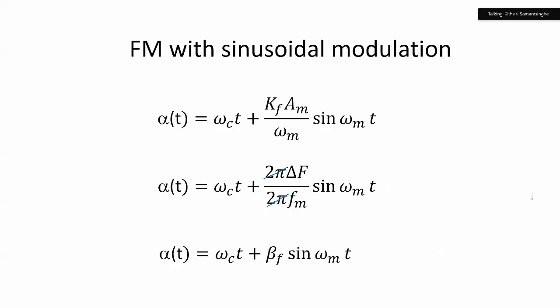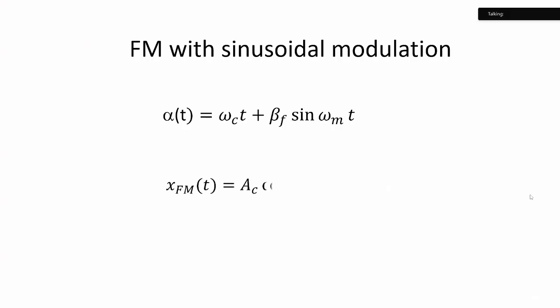Let's define beta f as delta f upon fm. The modulating signal bandwidth is directly the modulating signal frequency here because it is a single tone. So now this is beta f. So we know the angle now.